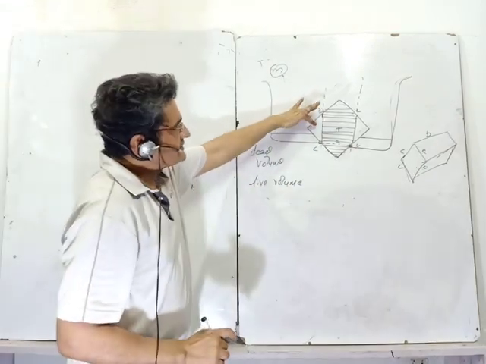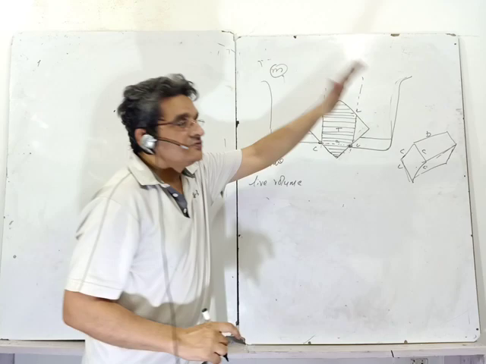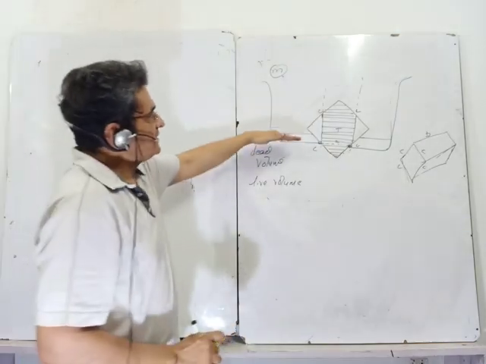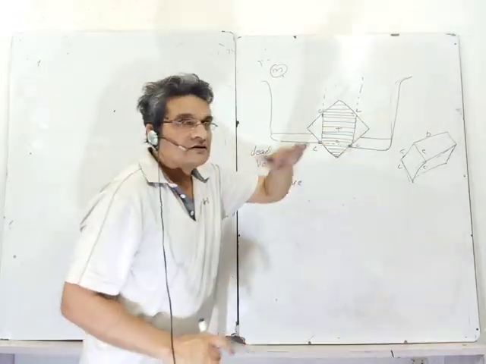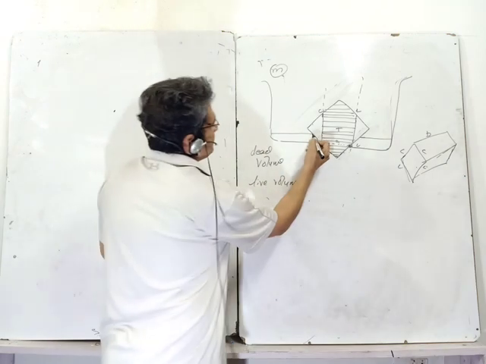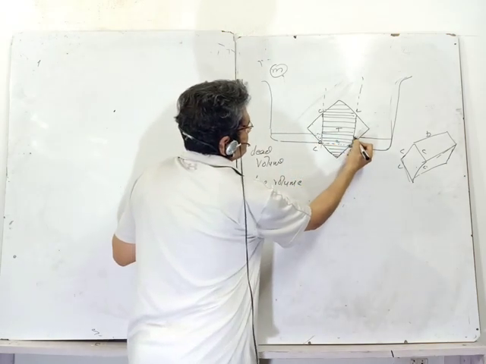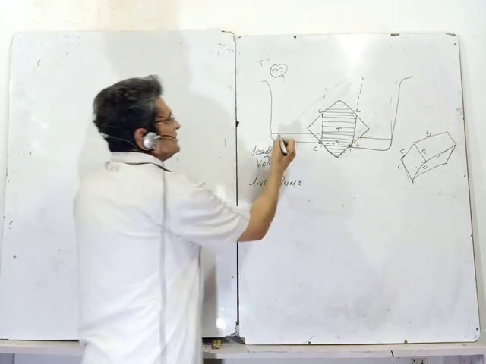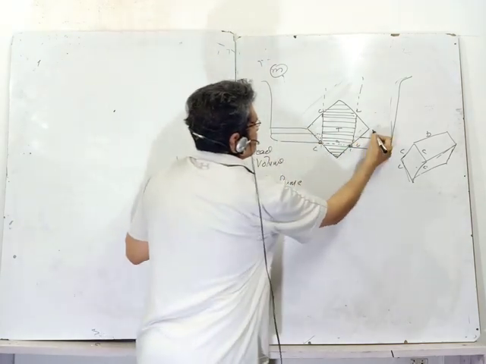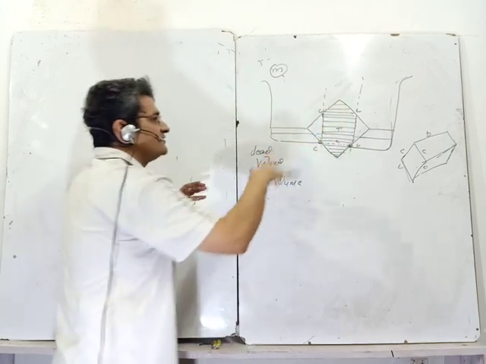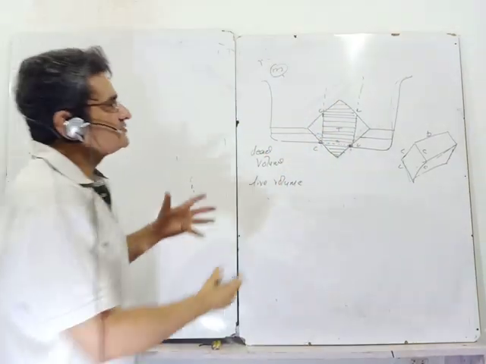Again, what part of this volume I will use will depend on the level of liquid. Now here I am using this much part of the live volume, so this will give me upthrust. As I increase the water level, I increase the share of the live volume, so I am increasing the upthrust.